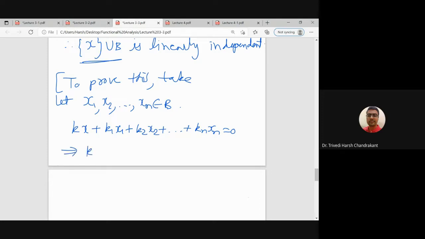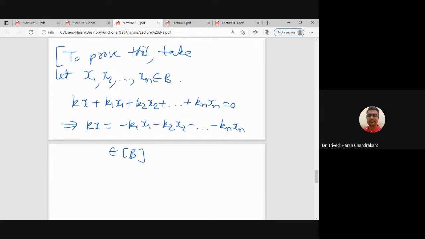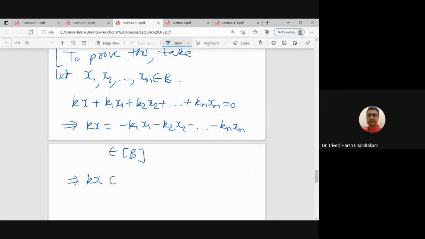Then what we get is kx equals minus (k1 x1 plus k2 x2 plus ... plus kn xn). And what is this? This belongs to span of B because x1, x2, ..., xn are in B. So that will give us kx is an element of span B.